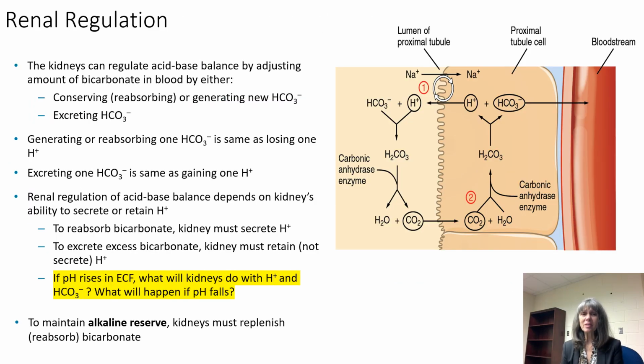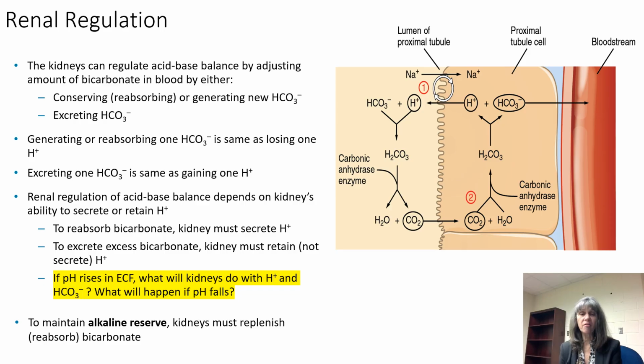The kidneys are really important in regulating acid-base balance by adjusting the amount of bicarbonate in the blood by either conserving or reabsorbing bicarbonate or by generating new bicarbonate. They can also excrete bicarbonate if we've got too much. Remember that if bicarbonate is either produced or reabsorbed, it's the same thing as getting rid of one free hydrogen ion.